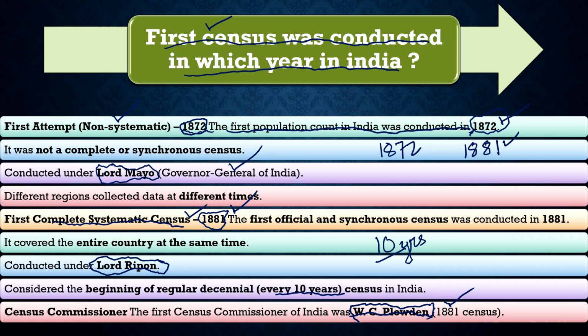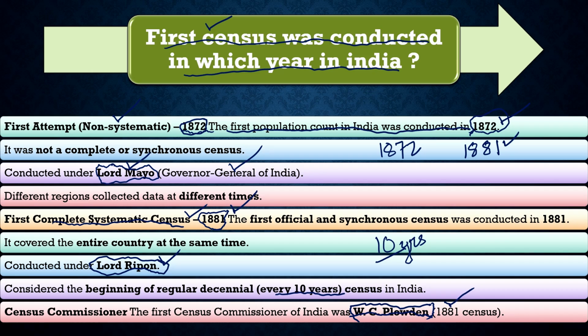Okay, and the first one was under Lord Mayo, and the first complete systematic census conducted in the year 1881 was under Lord Ripon. Lord Mayo and Lord Ripon, you have to remember that, okay?